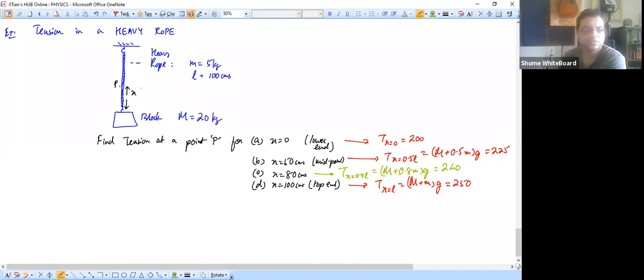So we can even develop a general formula. You can develop a general formula like this. Take the FBD of the combined object, that is the block plus x part of the thread.